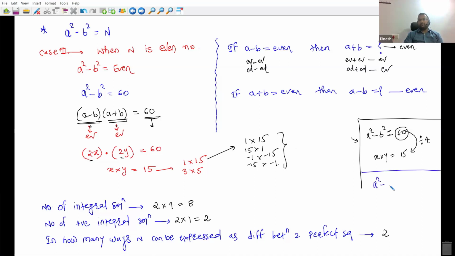A square minus b square is equal to 8008, everyone. Tell me the answer for these three. These two. Tell me the answer for this number 8008. Three answers.